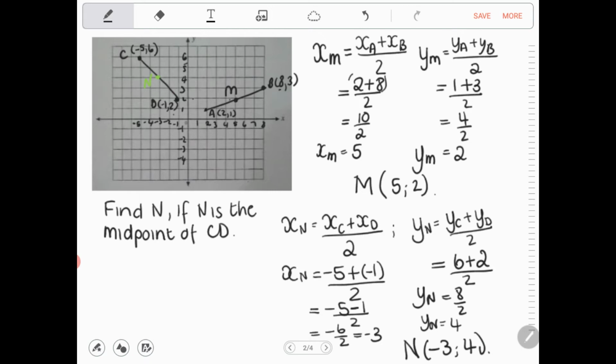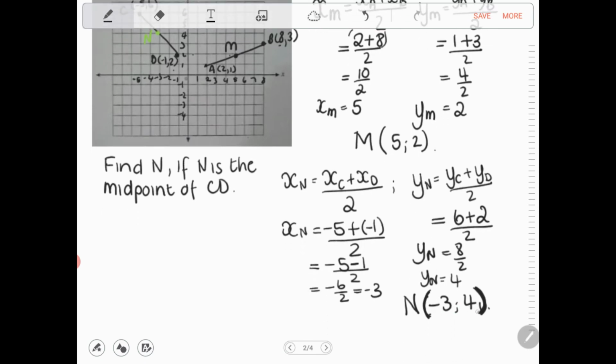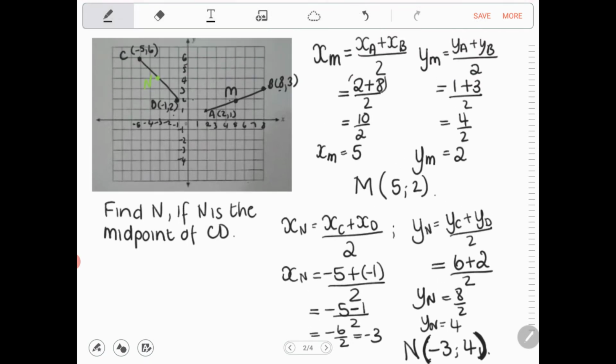And then go check that that's a feasible answer. So if you have a diagram, which you normally do with analytical geometry, we look at the -3 and the 4, and we check, would (-3, 4) be a feasible answer? And yes, it would. We can see that it's quite possible that the x would be -3 and the y would be a 4 to get the coordinates of N.